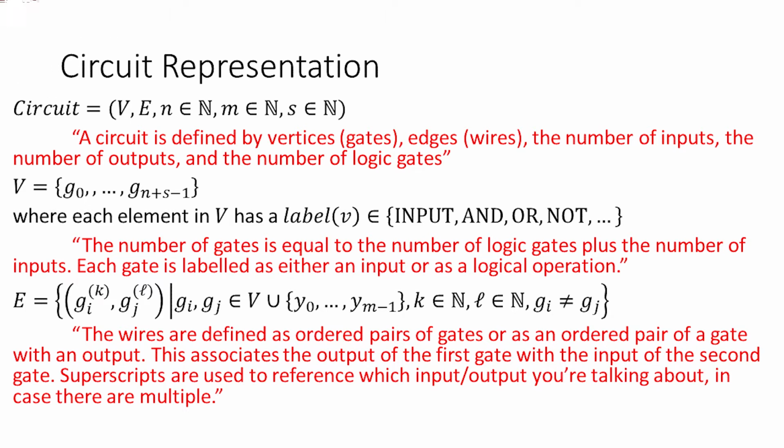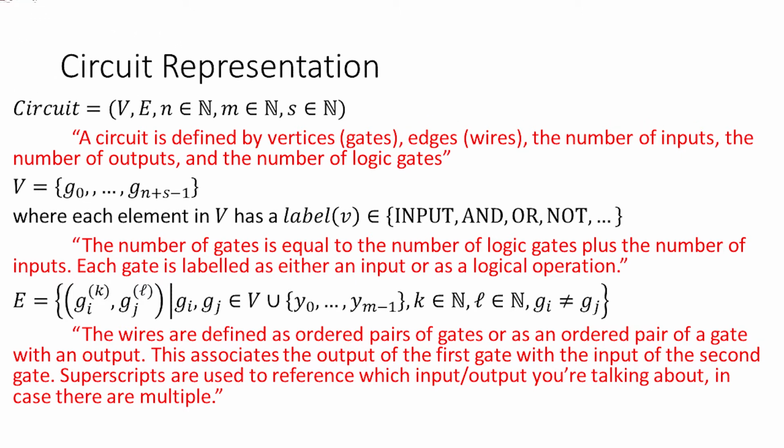So when I have an edge going to an AND gate, I'm going to have a superscript of either 0 or 1, depending on which input I want to tie that wire to on that AND gate. In addition to having gates or their ports as the endpoints to the edges, we could also have an output as an endpoint to our edge.